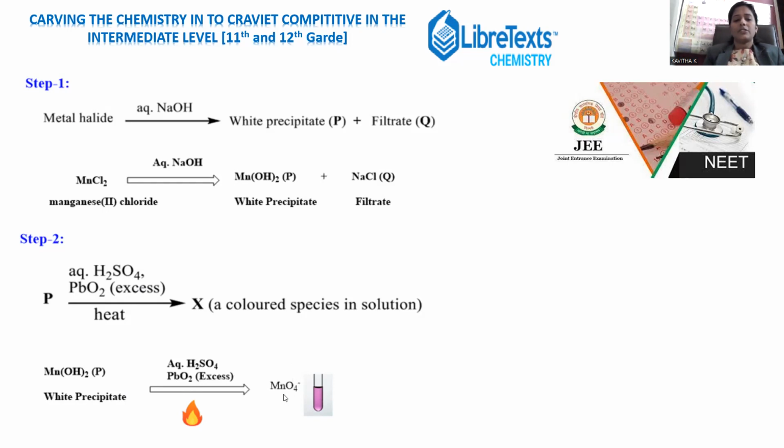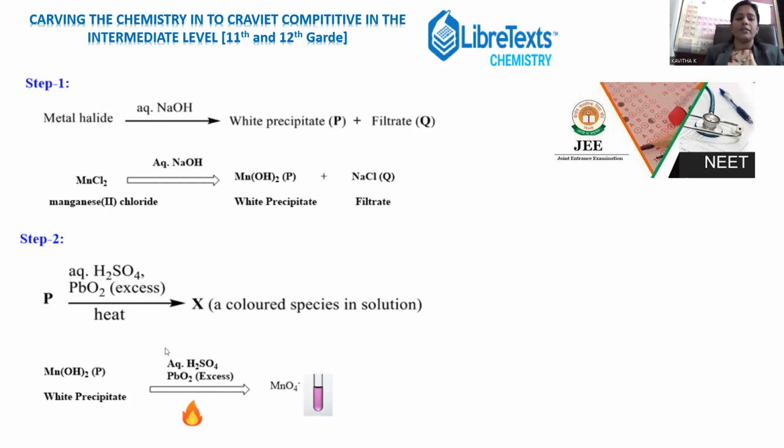Permanganate has +7, so the increase from +2 to +7 is called the oxidation process. In the presence of sulfuric acid and lead oxide, the center of the mechanism involves oxidation, so manganese hydroxide is turned into permanganate, right? Warm conditions are provided, and a purple colored solution results.